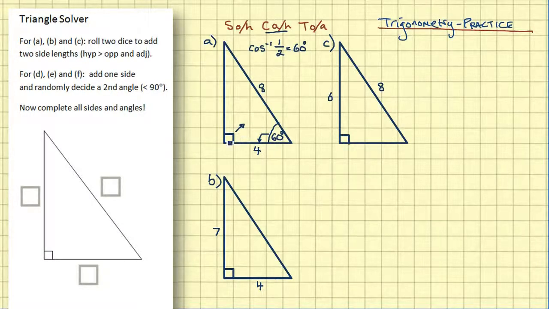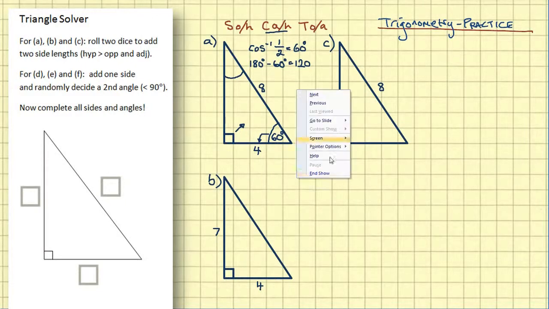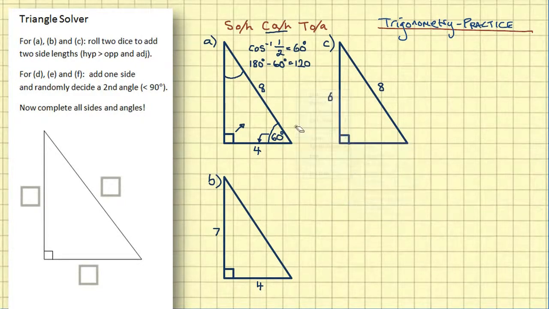Now, if I've got an angle of 60 degrees and an angle of 90 degrees, then to complete my angles, I simply need to subtract from 180. Sorry, I take 180, the sum of the angles in any triangle, subtract 60, gives me 120 degrees for my second angle. Sorry, subtract 60 and subtract 90.